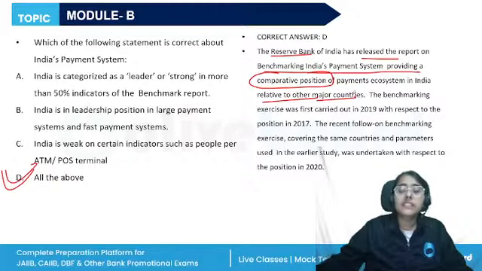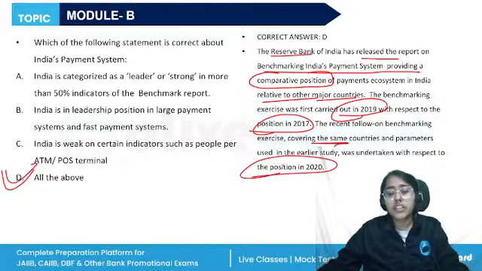First benchmarking exercise was carried out in 2019 with respect to the position in 2017, and the latest has been done covering the same countries in respect of the position in 2020.